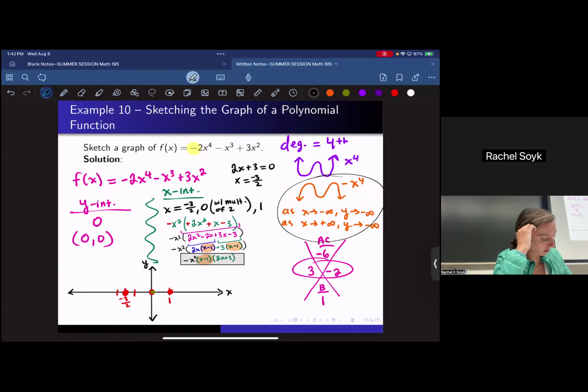So it's going to look something like this. Ugh, not drawing it well.